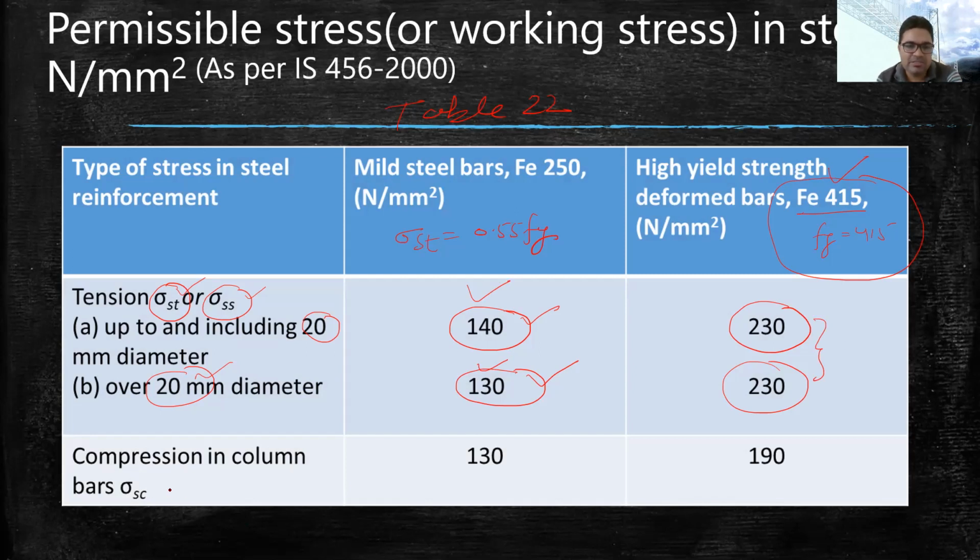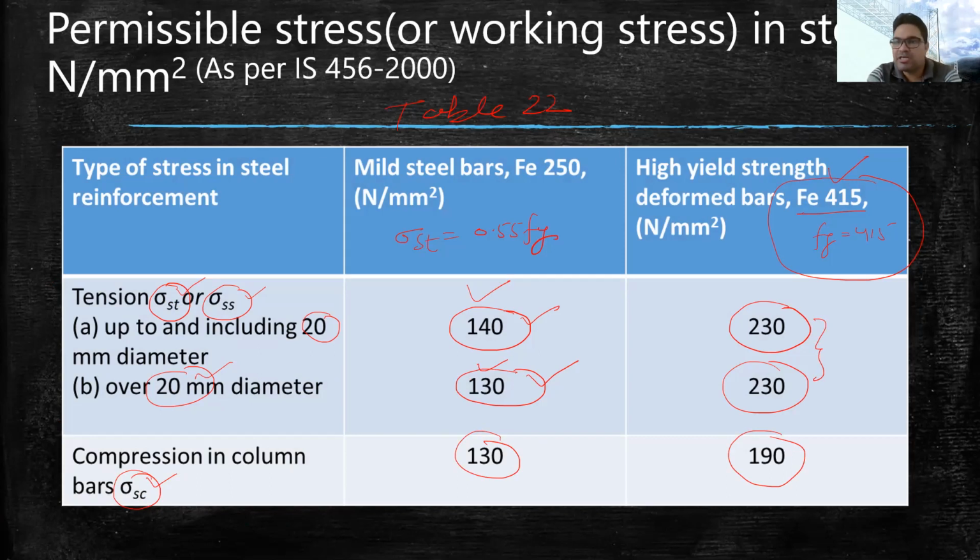Similarly, if there are compressive stresses within the column, in that case we denote that by sigma SC. Sigma ST means permissible stress in tension, sigma SC means permissible stress in compression. So generally the sigma SC value we use in columns. For mild steel bar this will be 130, and for deformed bar, for high strength bar, it will be 190.